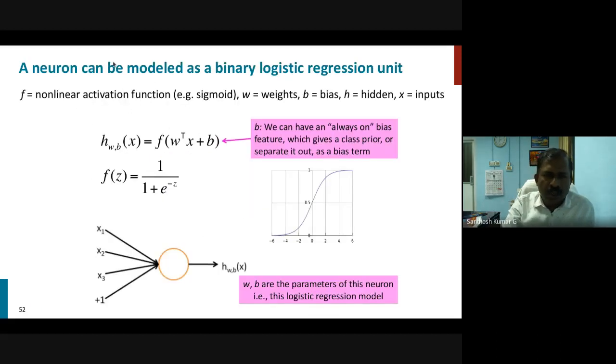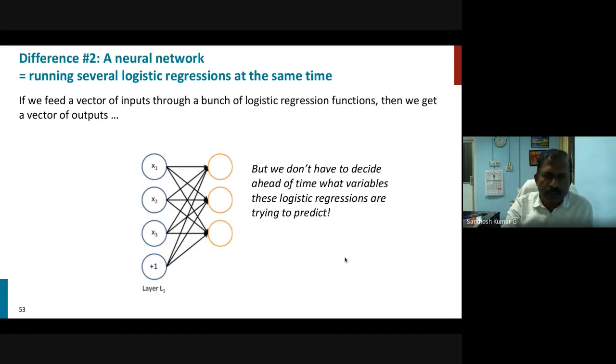So this is a neural model. A neuron is represented by this kind of function, right? This is a softmax kind of function, 1 over 1 plus e to the power of minus z. Here the weight, bias, and hidden layer, etc., you should refresh. So what is the connection between logistic regression and a neural network?